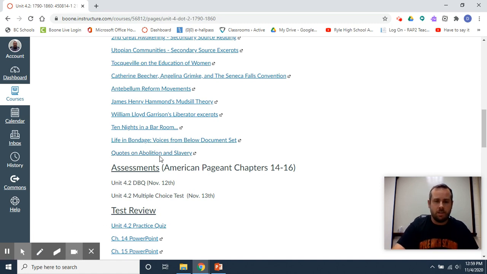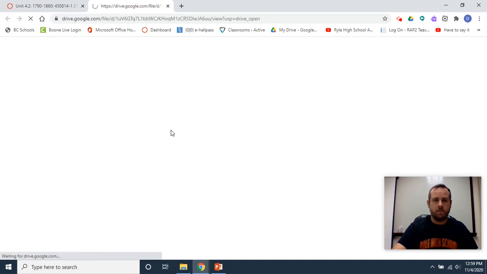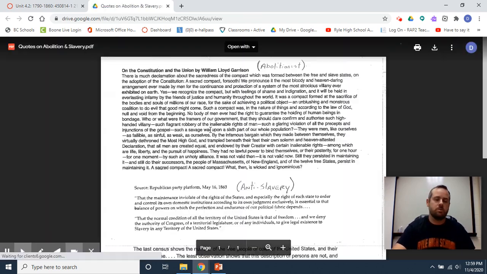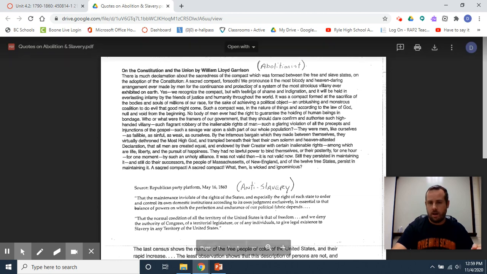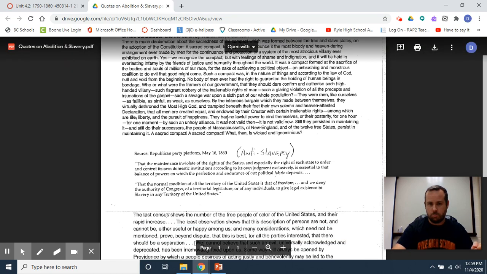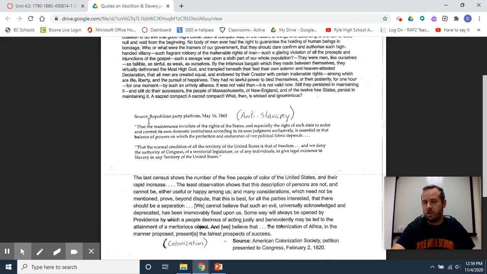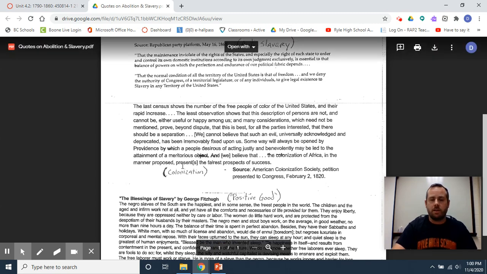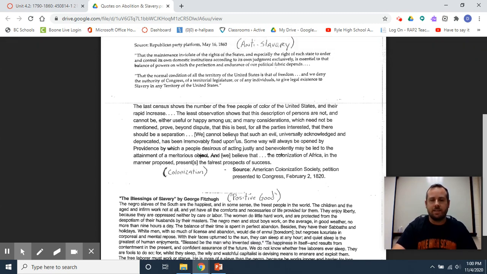So one of the activities we'll do in class is we will pull these up, and I'll let students read through these documents, and I'll encourage each student to take notes on the subtle differences between William Lloyd Garrison's perspective, the Republican Party perspective from 1860, which is probably closely related to Abraham Lincoln, and then the American Colonization Society, this little excerpt.